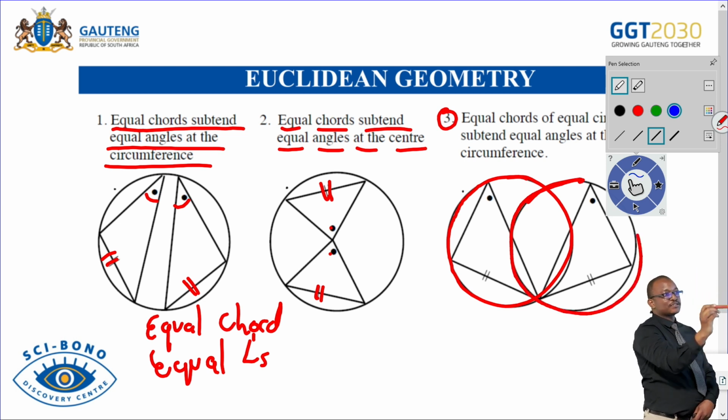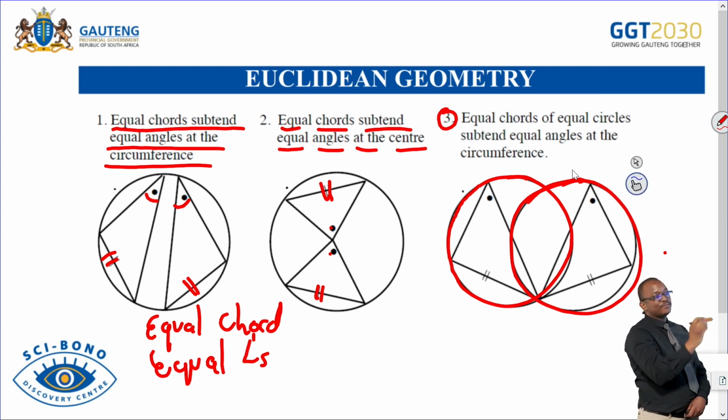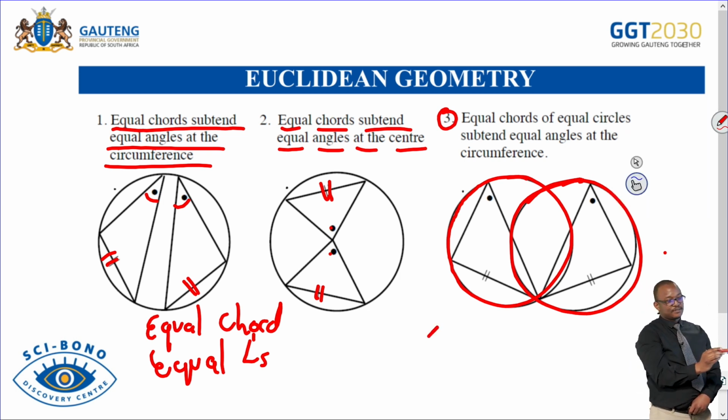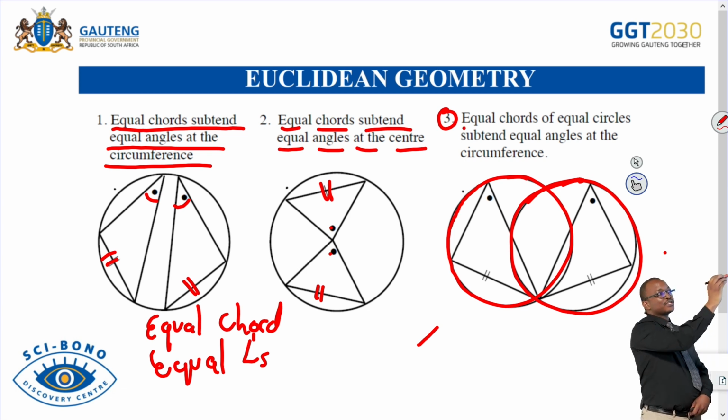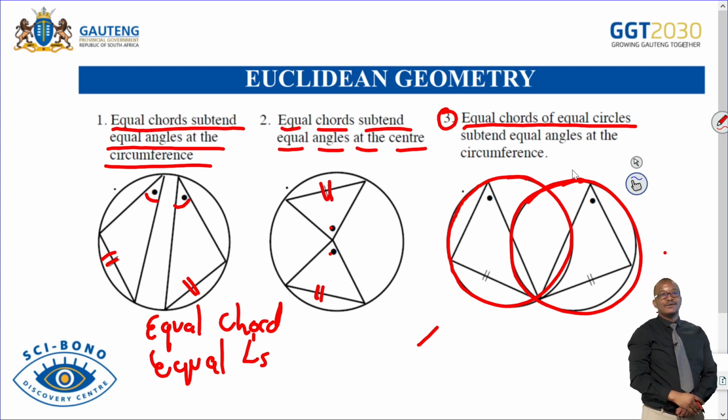We have two circles. Correct. So now those two circles are equal. It's given that the two circles are equal. Equal chords of equal circles subtend equal angles.